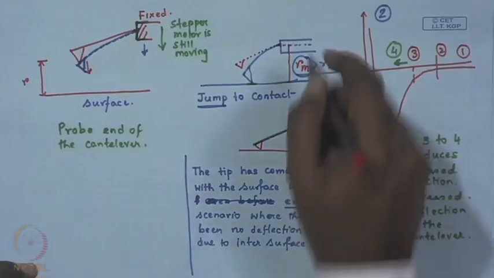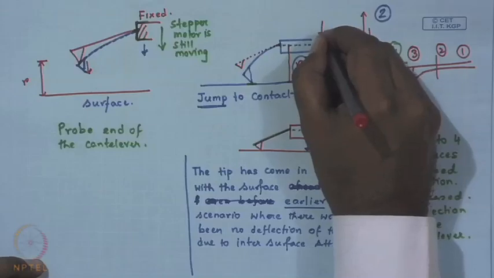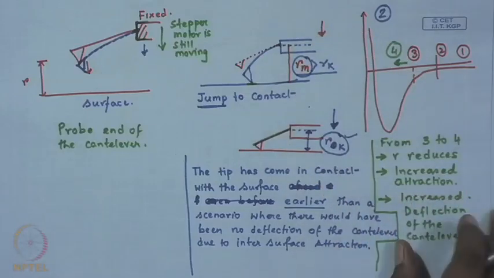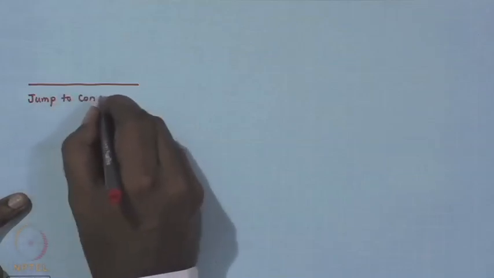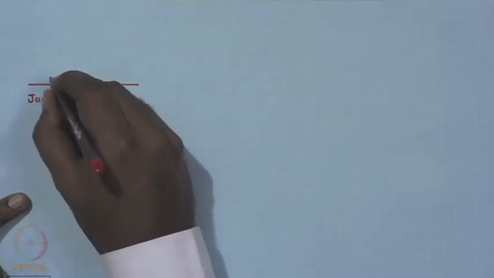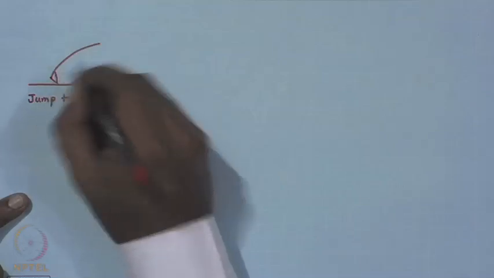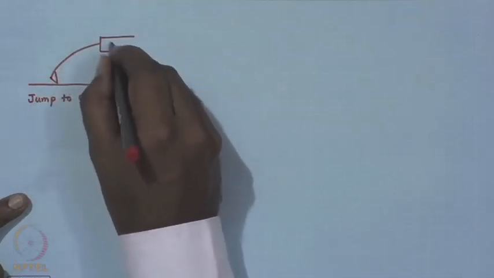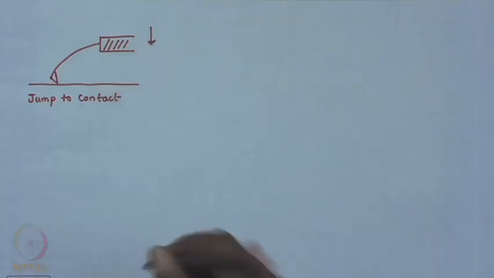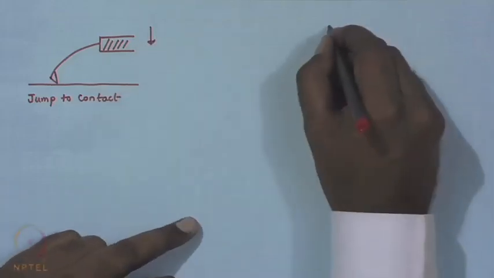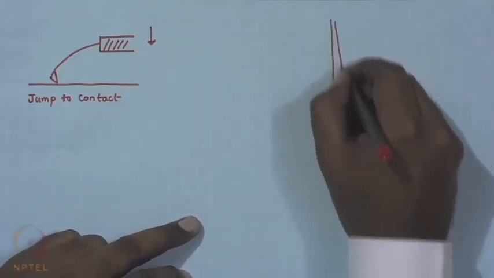Now, even now you need to understand that the stepper motor has not yet stopped. So, now you are in a situation where jump to contact has been achieved, and the stepper motor is still pushing it down. So, this is the force curve.